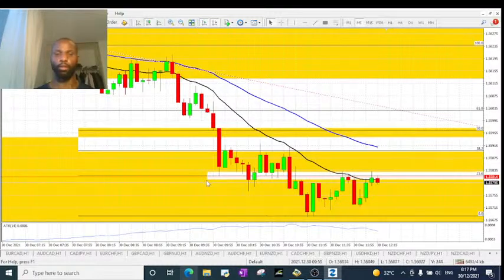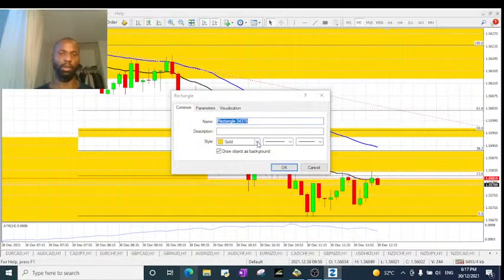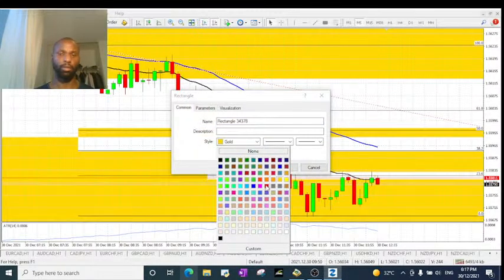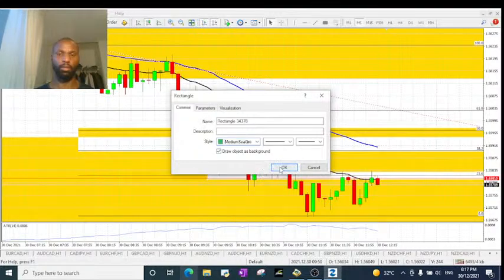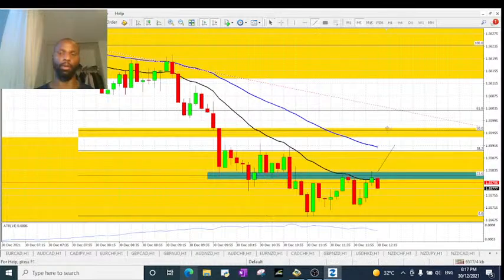But already you can see this thing here, this rectangle. I will paint it something like this. This rectangle here on a 5 minutes chart. If we break this, it means we've changed structure on the 5 minutes chart. If we change structure, it's not going to be as simple as just taking a sell anymore, because structure has changed.